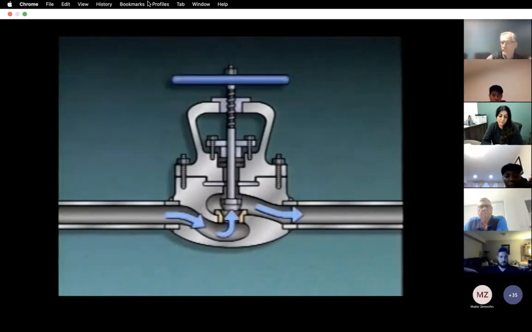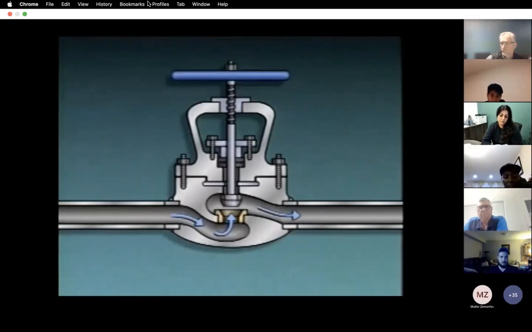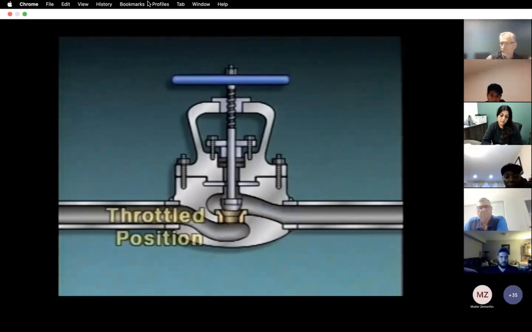As the disc moves toward the seat, flow through the valve is reduced. And when the disc presses against the seat, flow through the valve is stopped. As the disc moves away from the seat, flow through the valve is increased until the disc reaches its limit of travel. At this point, the valve is fully open and maximum flow is passing through the valve. When a valve is partially open, the valve is said to be in a throttled position.